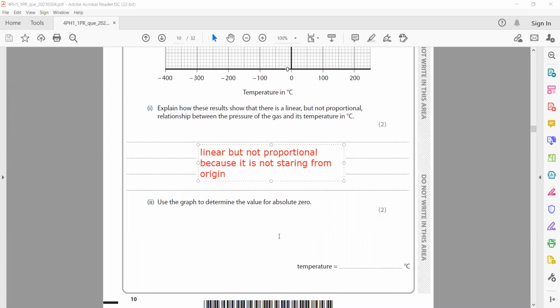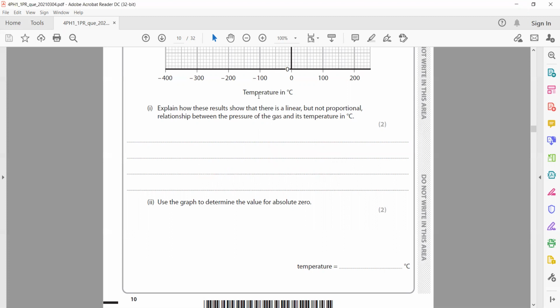Use the graph to determine the value of absolute zero. Basically the concept is that the moment when the gas does not apply any pressure, the volume of a gas will be zero. So how can we work it out?